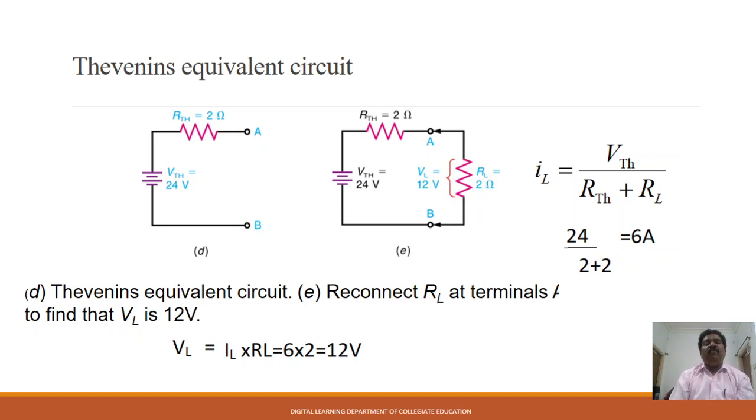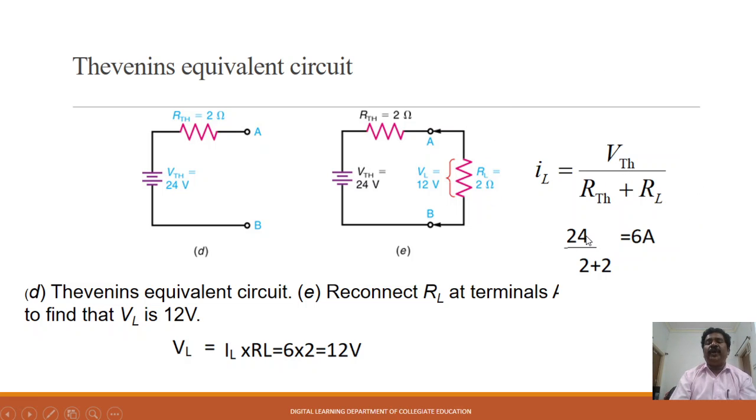Finally, we replace the circuit with the Thevenin's equivalent circuit: the Thevenin's voltage VTH in series with the RTH value, looking back into terminals A and B, and we reconnect the load resistance to those terminals. Once we have the equivalent circuit, we can calculate the load current IL using VTH divided by RTH plus RL.